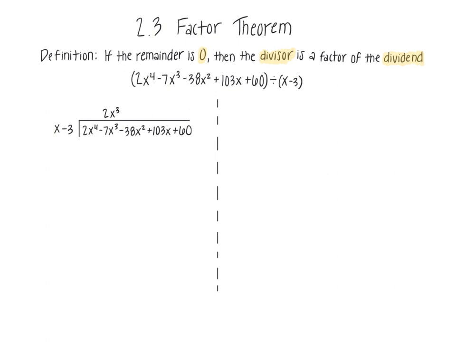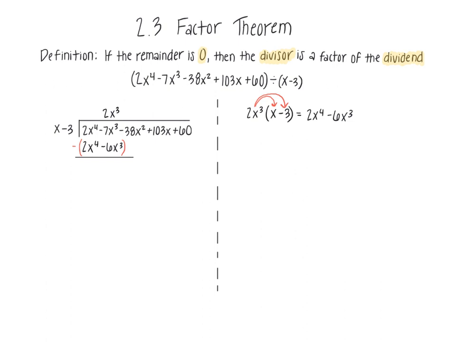I'm going to show my math out to the side. 2x^3 times (x - 3), and we're going to distribute this, so I get 2x^4 - 6x^3, and then we're going to subtract that from the dividend. Again, I'm going to place this inside of parentheses and distribute that negative sign, so I'm going to end up with 0.